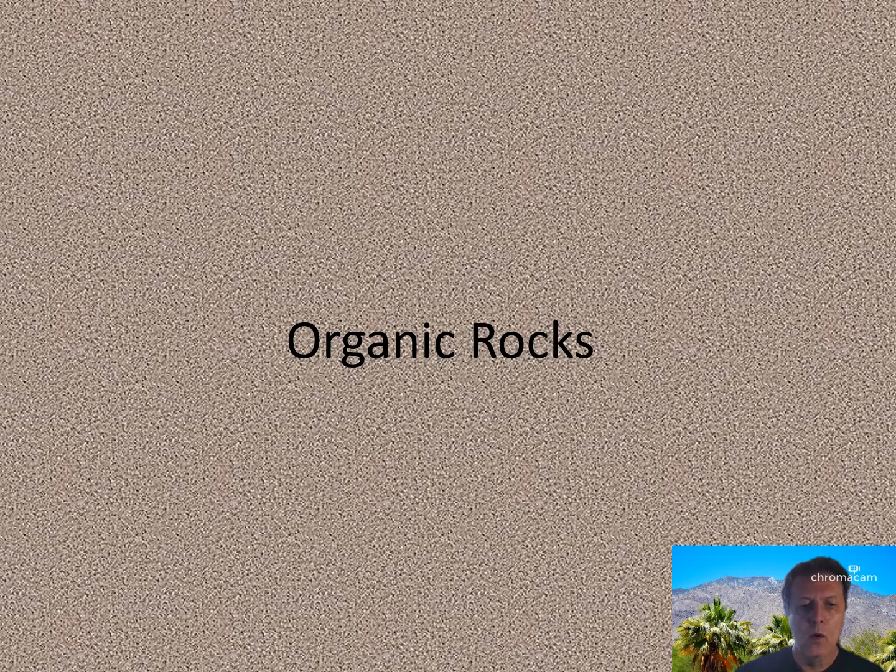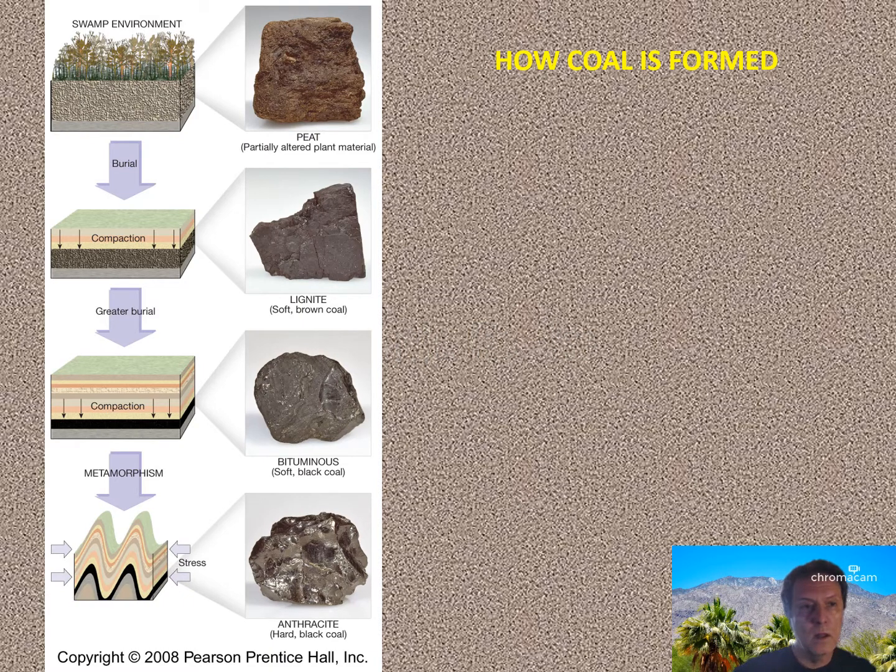Here's another category of sedimentary rocks, organic rocks. When we talk about organic rocks, of course, we refer to rocks that are built, made of organisms, and we primarily mean coal. Coal is not the same as petroleum. It's a rock that's made of the remains of vegetation primarily.